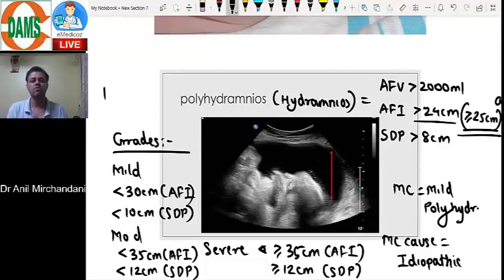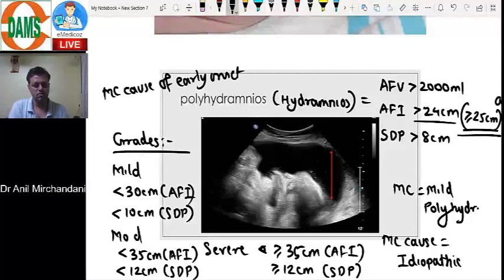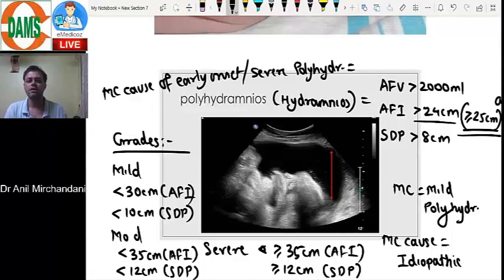If they ask you most common cause of early onset or severe polyhydramnios, the answer would be congenital malformations.